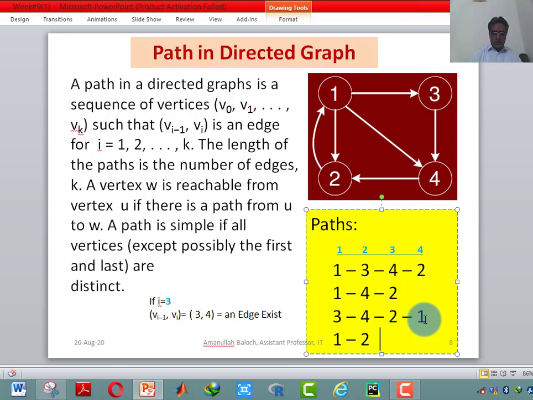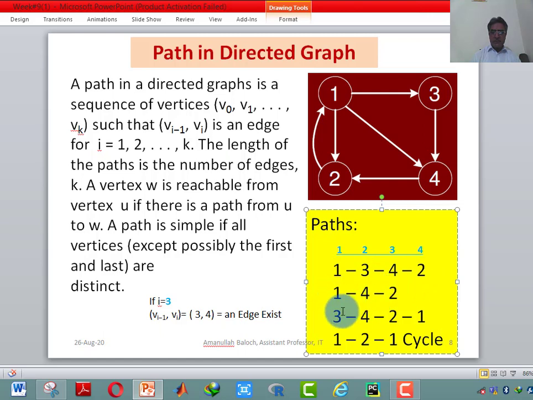Our first vertex is 1 and the last vertex is 1, so it is a cycle, not a simple path.